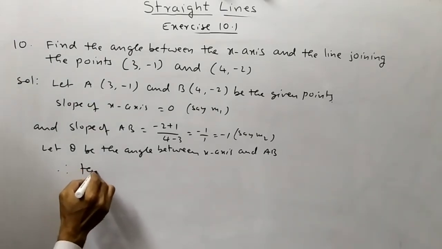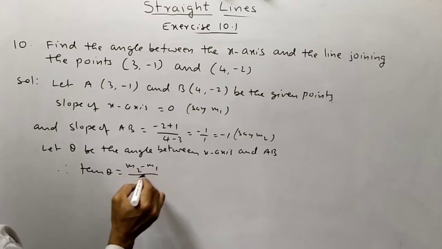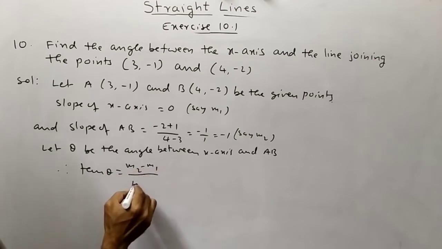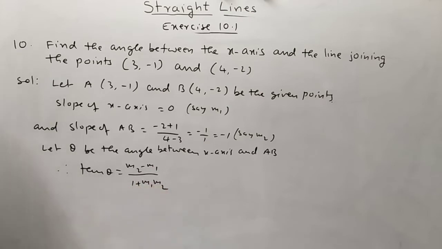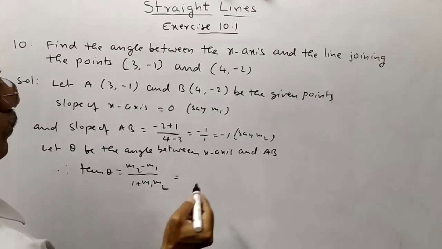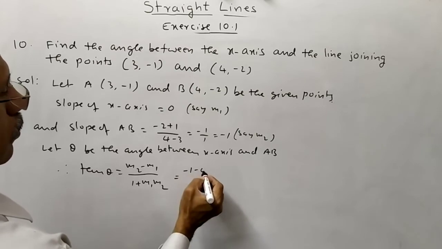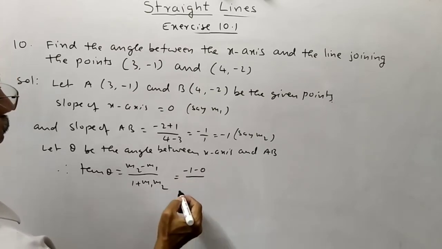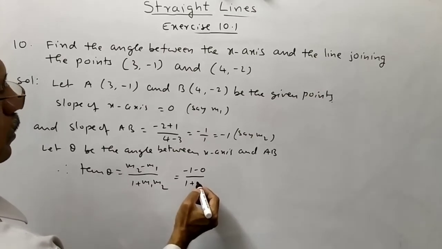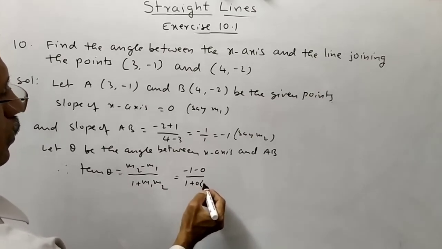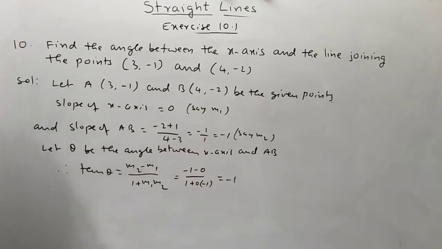Therefore, tan theta is equal to (m2 minus m1) divided by (1 plus m1 into m2), which is equal to (-1 minus 0) divided by (1 plus 0 into -1), which is equal to -1.